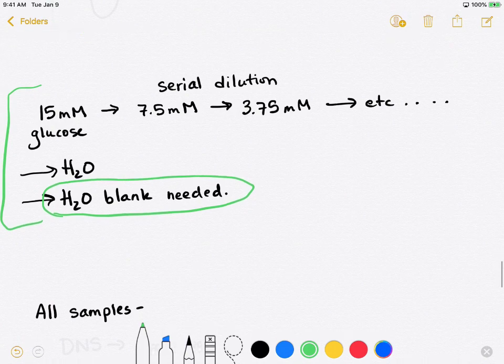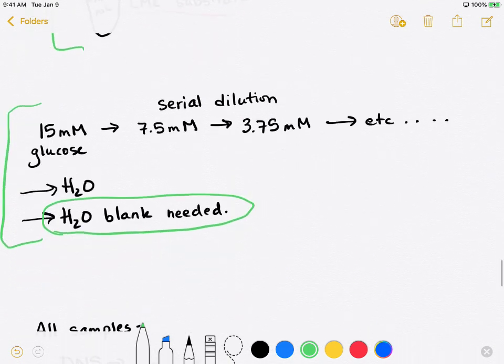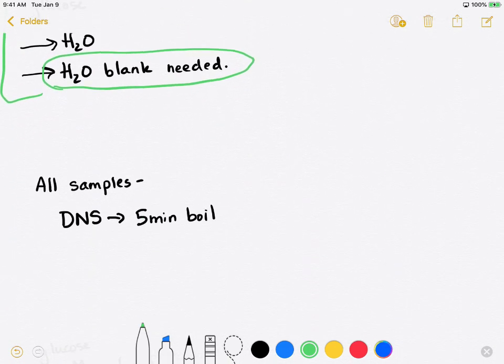After all of your incubation at 50 degrees Celsius for 30 minutes was completed, you then took all samples and you added DNS reagent. DNS is a reagent that is able to react with reducing sugars, of which glucose is a type, and it's able to change colors.